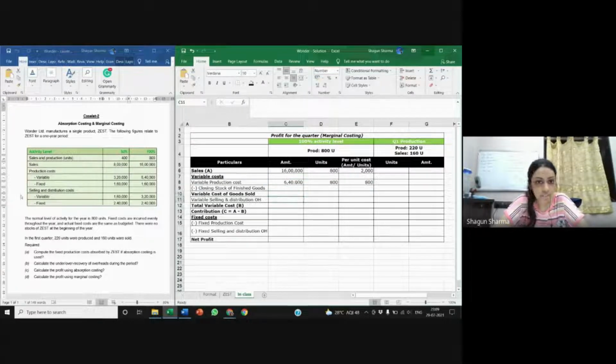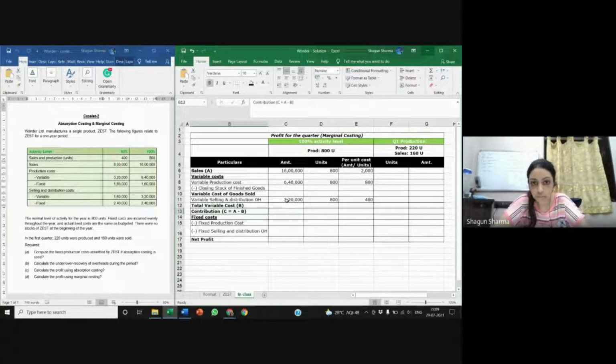Now, as you can see, there is another variable cost, which is selling and distribution. So here I'll group both variable costs and mention them right here. That's 3,20,000. Number of units is still 800. So my per unit selling and distribution rate becomes 400.